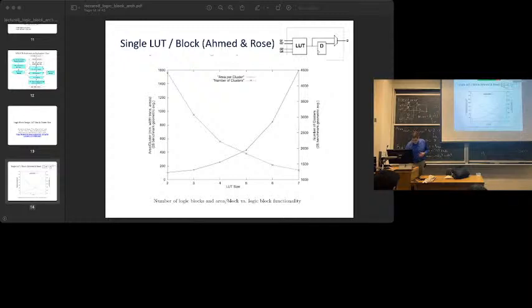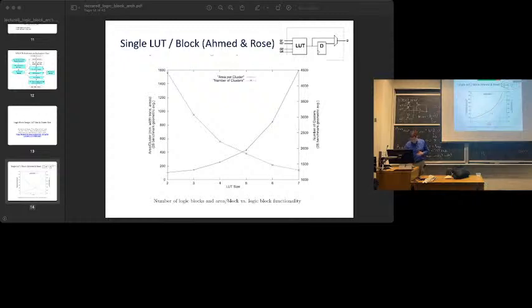This curve here is the area per cluster, and a cluster, again, is just one lookup table plus flip-flop. It shows what we worked out by transistor counting: the area per logic block goes up exponentially as you increase the size of the lookup table.